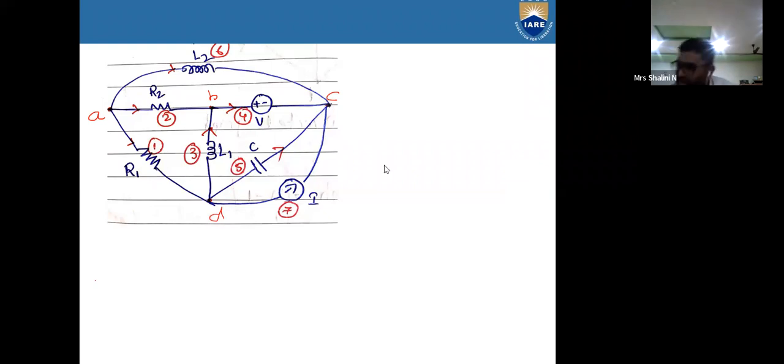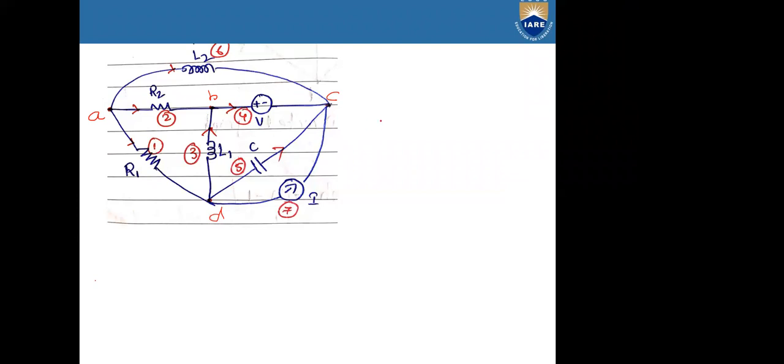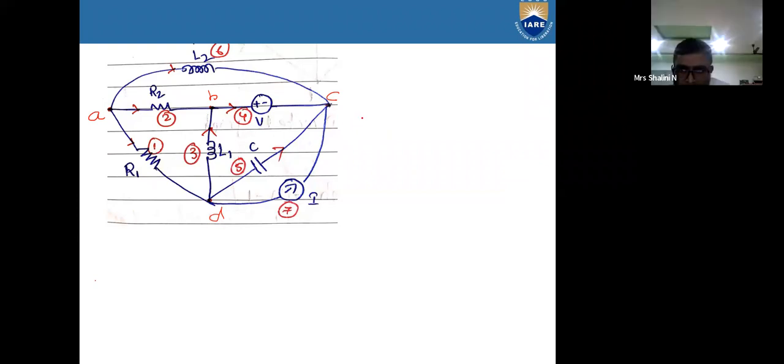When I am drawing the graph: A node, B node, C node, D node.